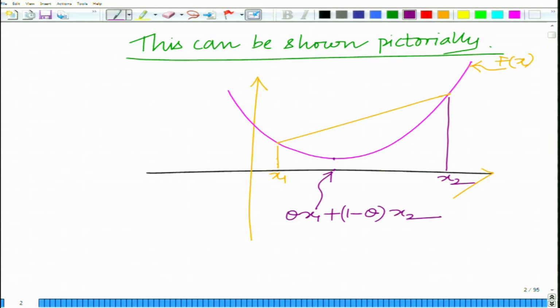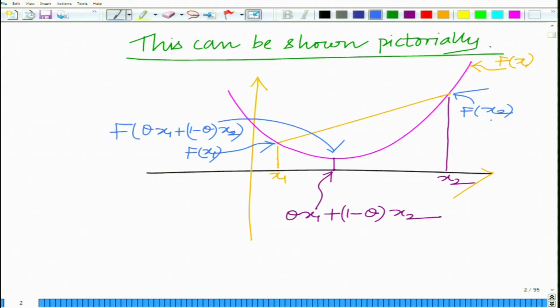And this value is the value of the function at theta times x1 plus 1 minus theta times x2, that is f of theta times x1 plus 1 minus theta times x2. Now, on the other hand, look at this point, f of x1, that is one end of this chord, and this point is f of x2, and we know that if you take a convex combination, that represents the line segment.